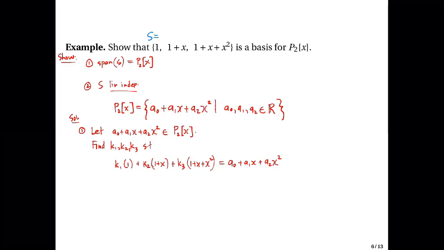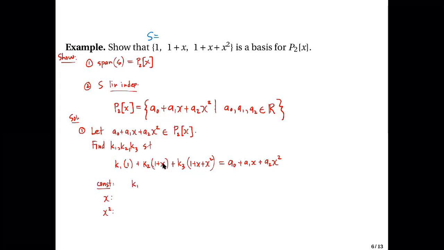Okay, so remember how we did this last lecture? You look at the constant, the coefficient of x, and the coefficient of x squared. So for the constant part on the left-hand side, k1 times constant is just k1.